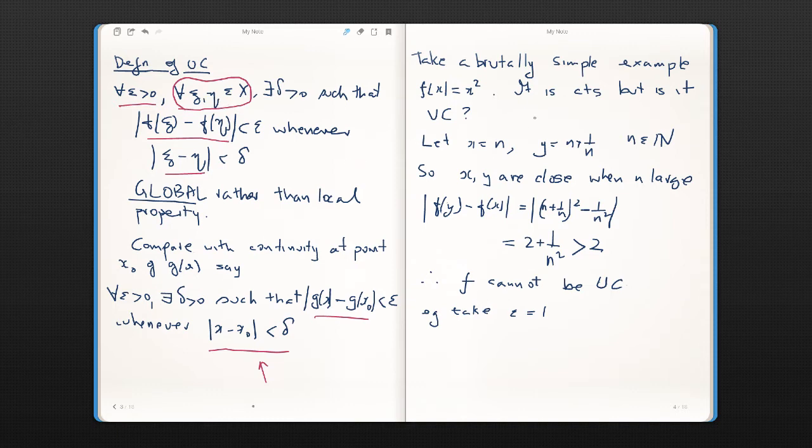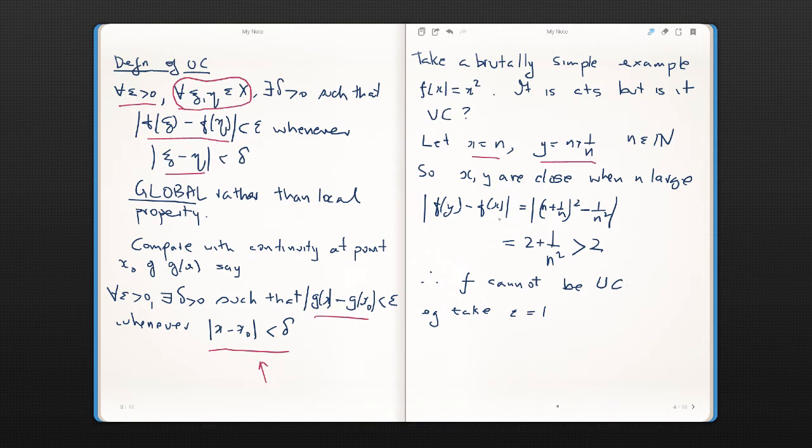So we can see how this works with a brutally simple example, f(x) equals x squared. And you might think, well, could this be uniformly continuous? Well, we just take 2 points. We let x equals n and y equals n plus 1. n is any natural number. So those two will be close when n is large.